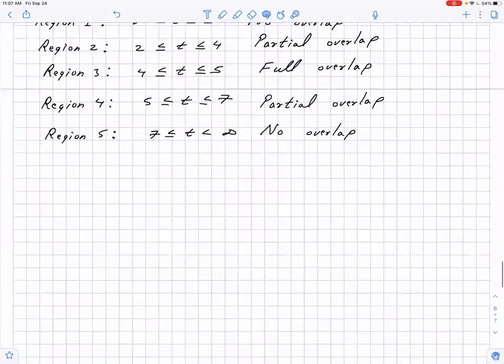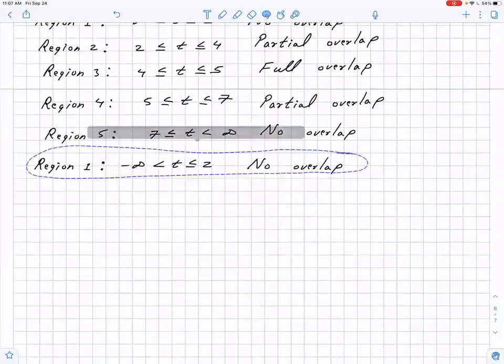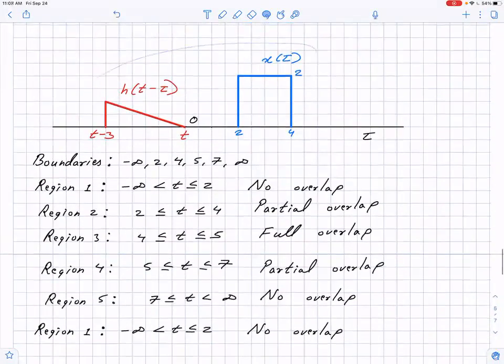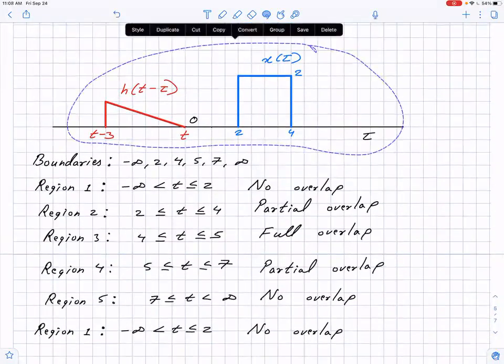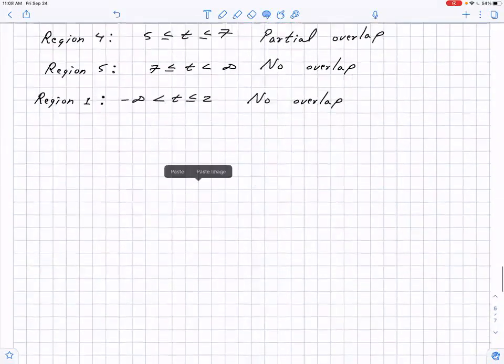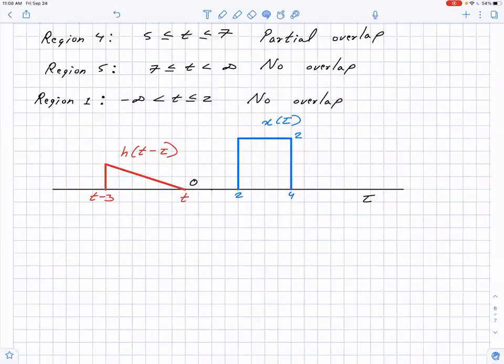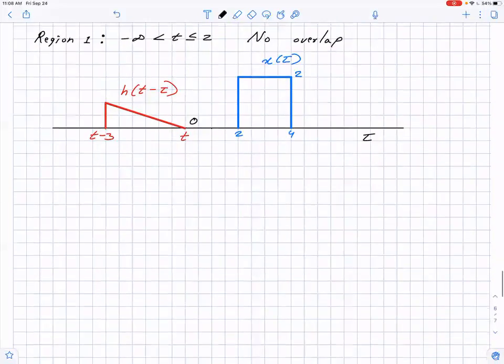For the first one, let's draw a picture that represents this first region. Okay, this graph represents the first region. There is no overlap between the two functions, and that means the product between these two functions is 0.